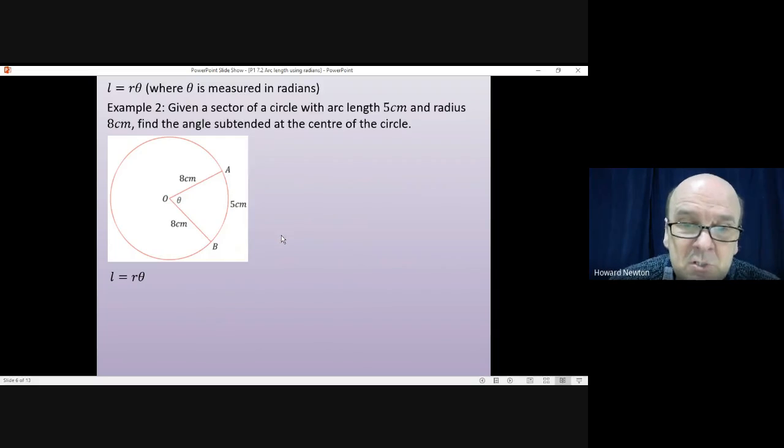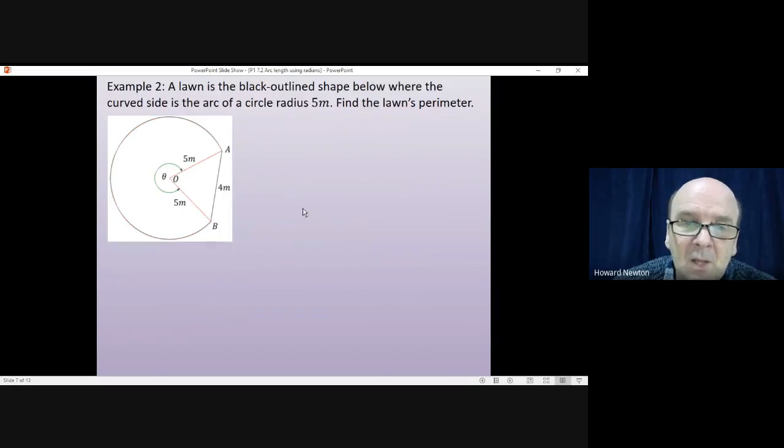We substitute in the two values that we know, the length of the arc is 5 and the radius is 8. That gives us theta is 5 divided by 8. You could leave that as a fraction, or you could write it as a decimal: 0.625 radians.